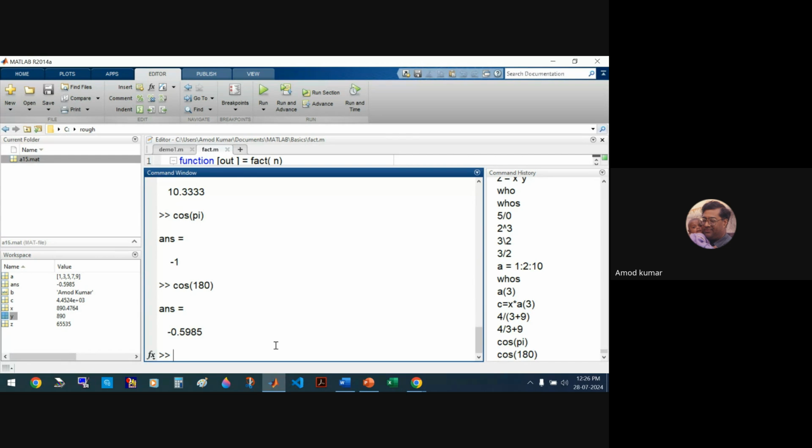You have many functions. Suppose exponential of something, e raised to the power something. Let us say I have to do e raised to power 3, that means 2.71 raised to power 3. Not e raised to power, because I think MATLAB doesn't understand e as such.